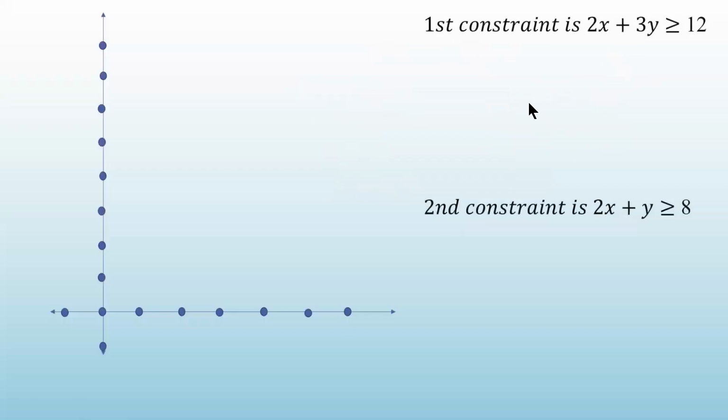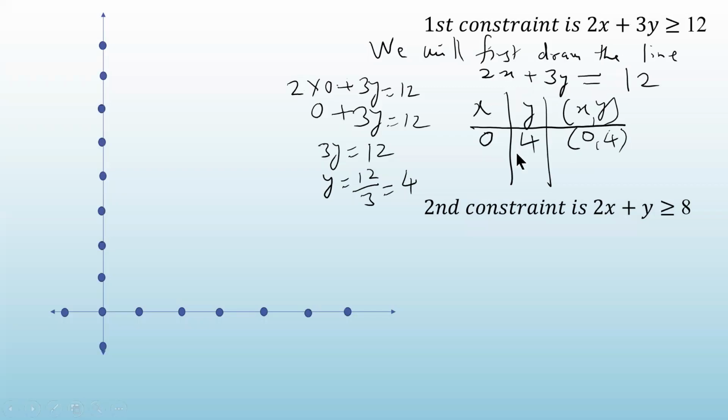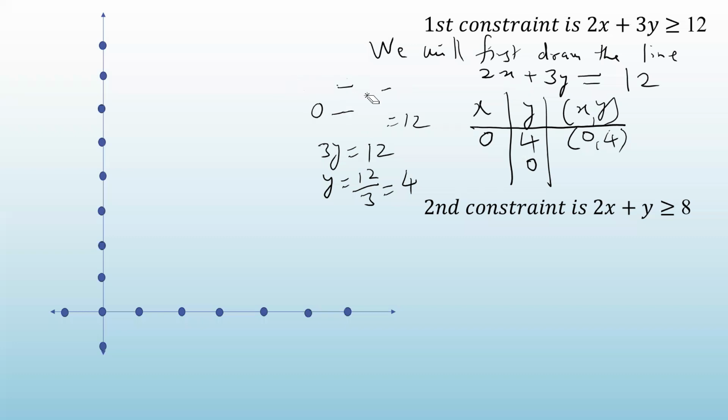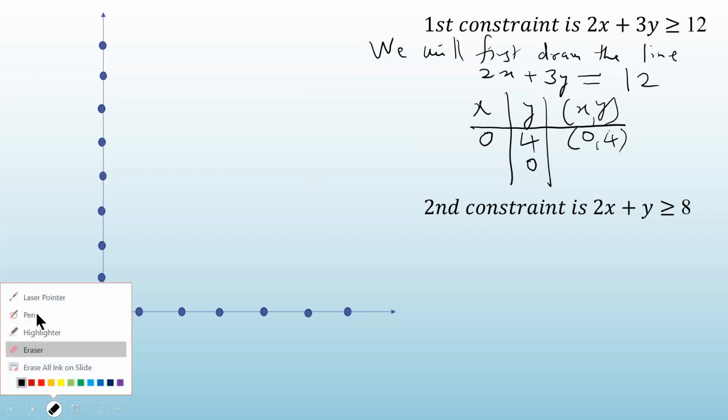So 1 point I got. Now let us find one more point. We need 2 points, right? So let us put y equal to 0 and find the value of x in a similar way. I'm doing the rough work here itself, you can do it along with me.